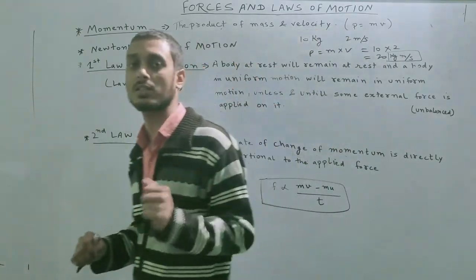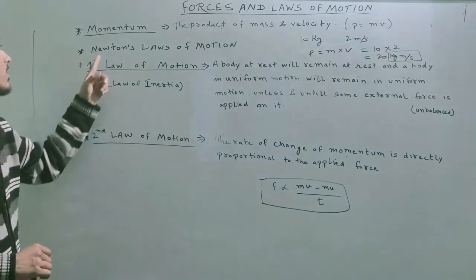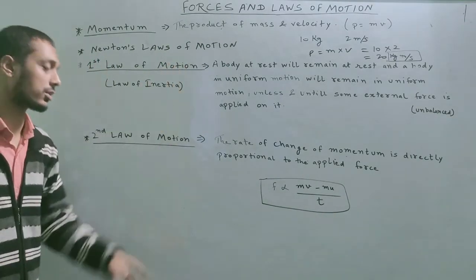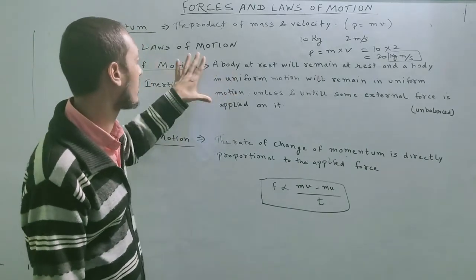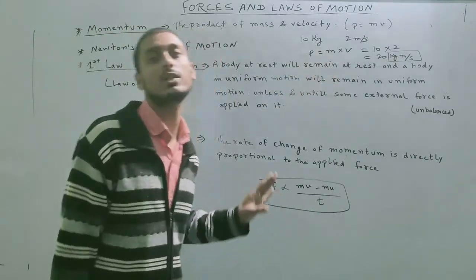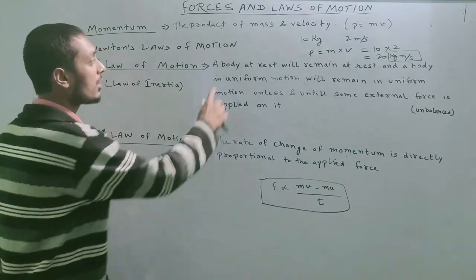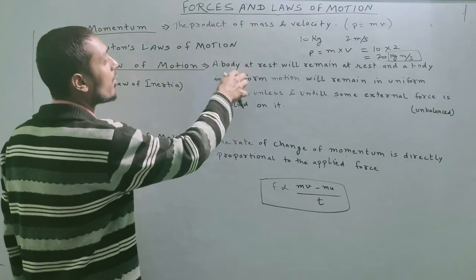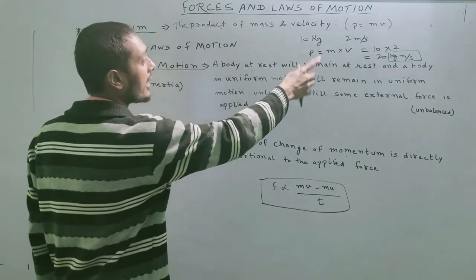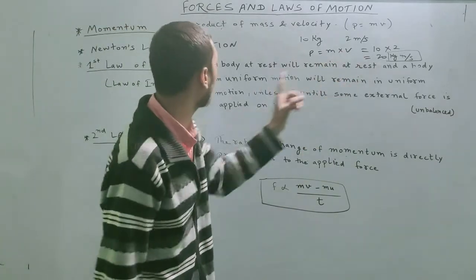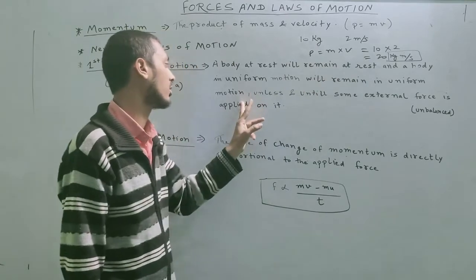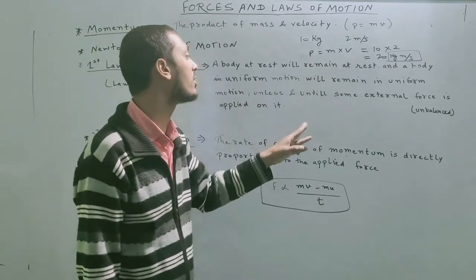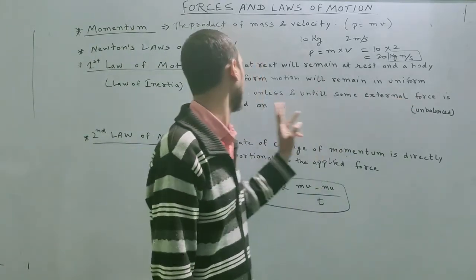So let us study the first law of motion, Newton's first law of motion. Let us first read the definition. What is the definition saying? A body at rest will remain at rest, and a body in uniform motion will remain in uniform motion unless and until some external force is applied on it.